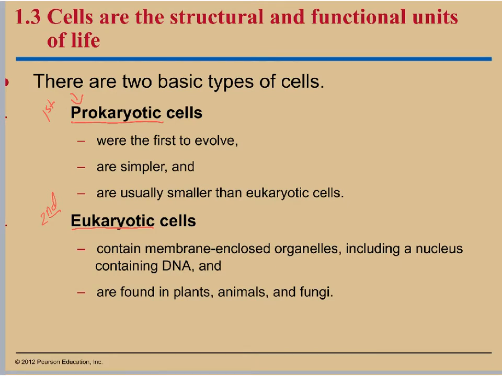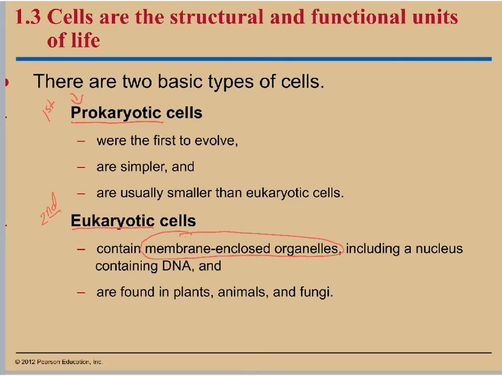So eukaryotic cells are cells that we know evolved after prokaryotic cells. They're much more complex than prokaryotic cells. And every one of the little organs on the inside is surrounded by a membrane. So these are what we call membrane-enclosed organelles.